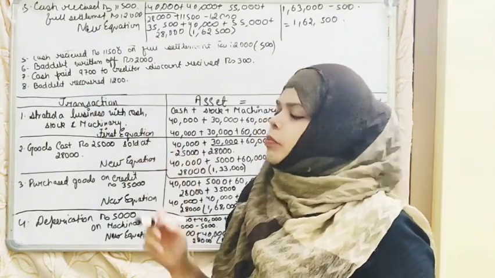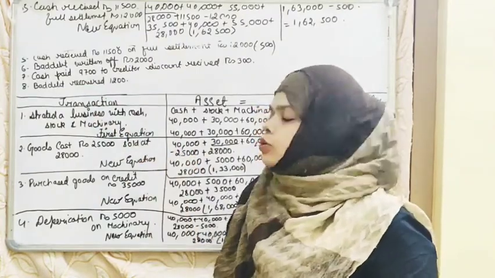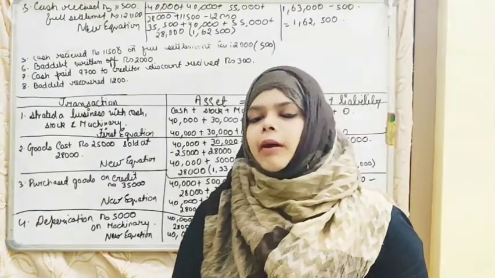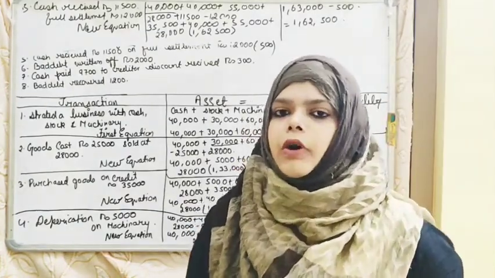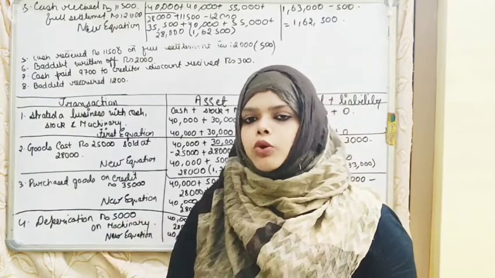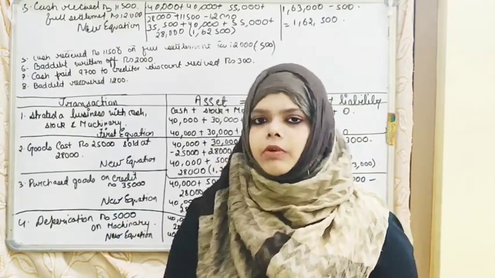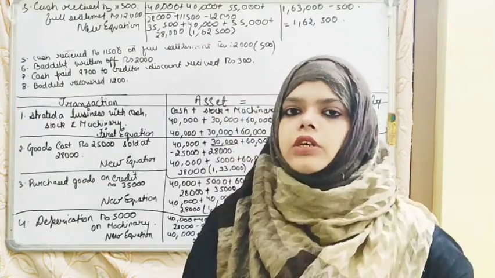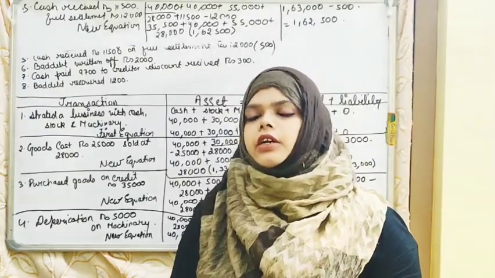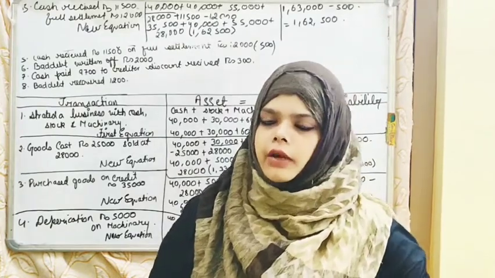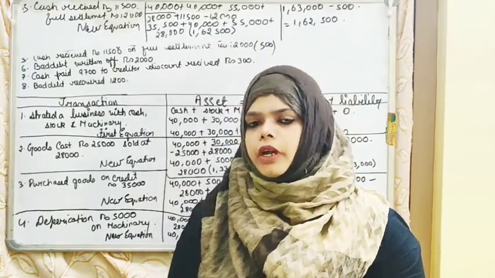Bad debt return of rupees 2,000. So what is bad debt, guys? Bad debt is the amount which other people outside the business owe to us, and we predict that we are not getting our money back. That is bad debt. The money which was promised to be paid to us in a certain duration of time, or in a certain future course of time, they failed to pay.